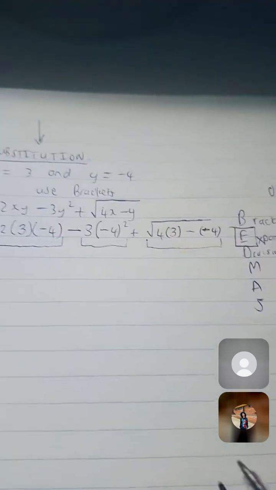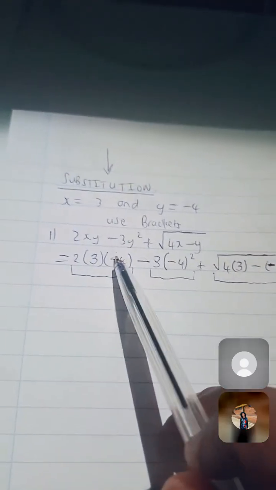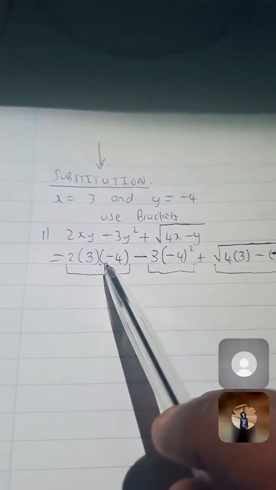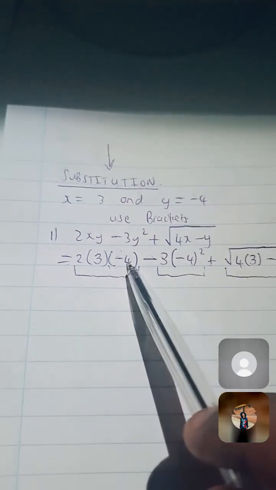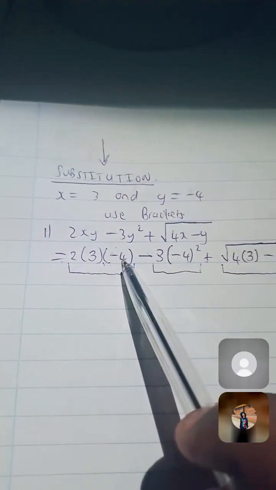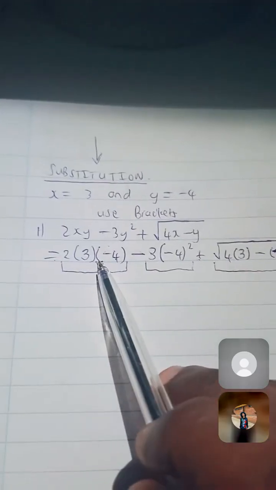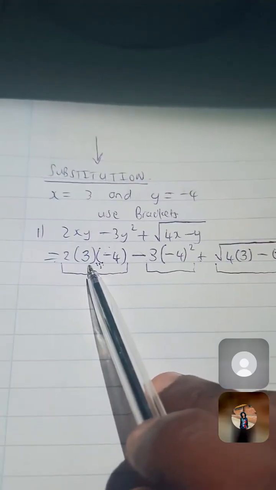Are you with me? Now listen very well. When I come to this term, I can just look here and say, all right, BEDMAS. What do we have here? Bracket. Exactly. So that means we can attack here immediately.